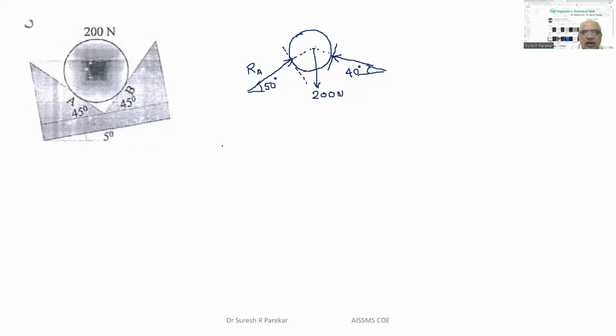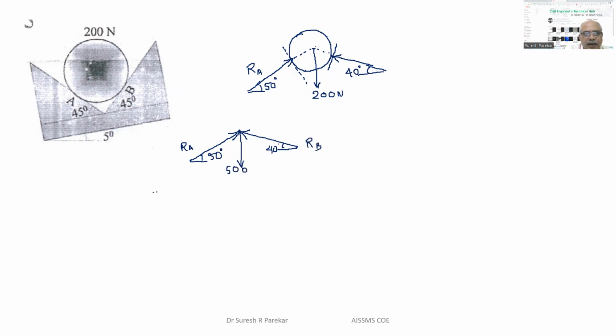So now if I draw the diagram, I have three concurrent forces. This is making an angle of 40 degrees, this is making an angle of 50 degrees, this is RA and this is RB.